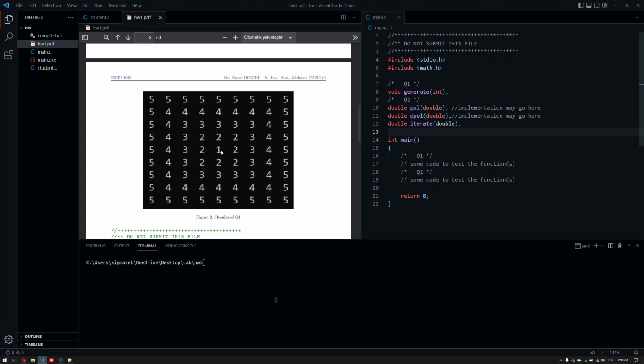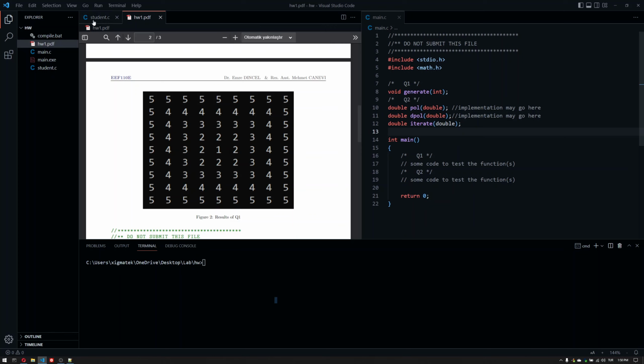When we have an integer n, let's say 5, there will always be 1 in the middle, and it will count up to the edge, for example to the left or to the right, up to 5. And then I will also have a count from 2 to 5.